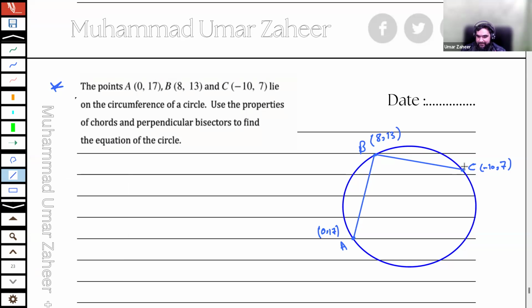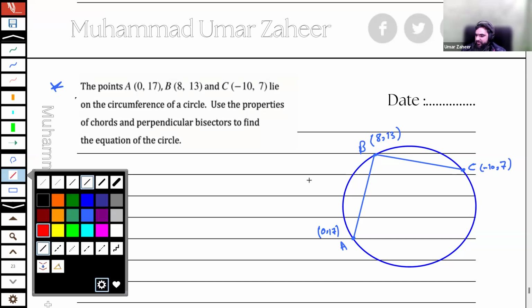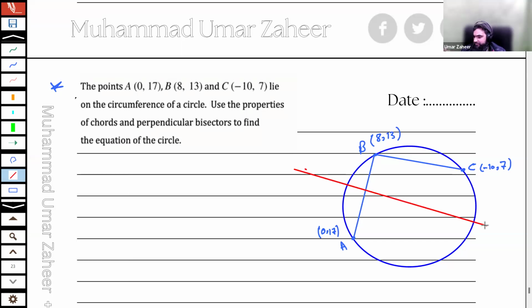Obviously, once we have the center, we can easily find the radius. So I'm going to draw the perpendicular bisector. I'm going to talk about the line AB, and I need to find the equation of its perpendicular bisector.